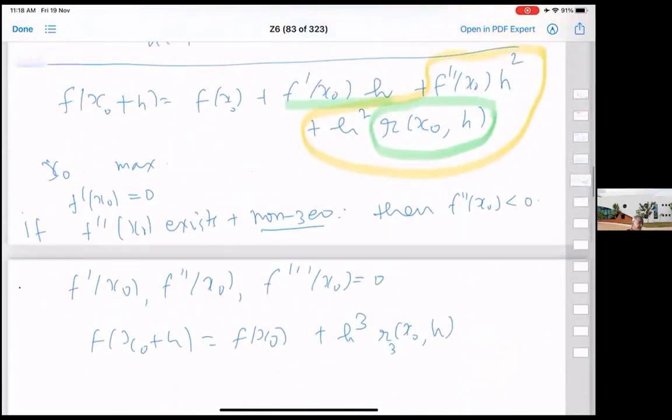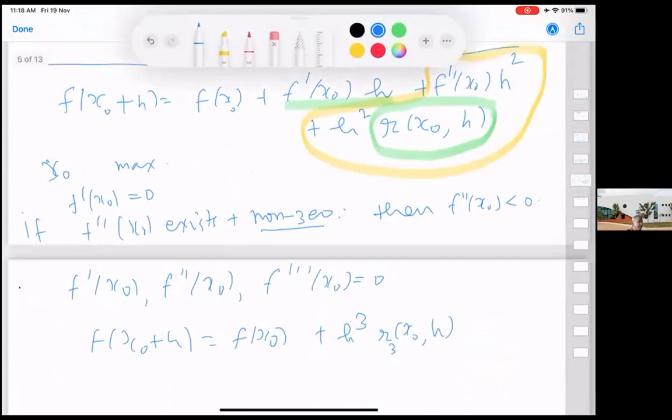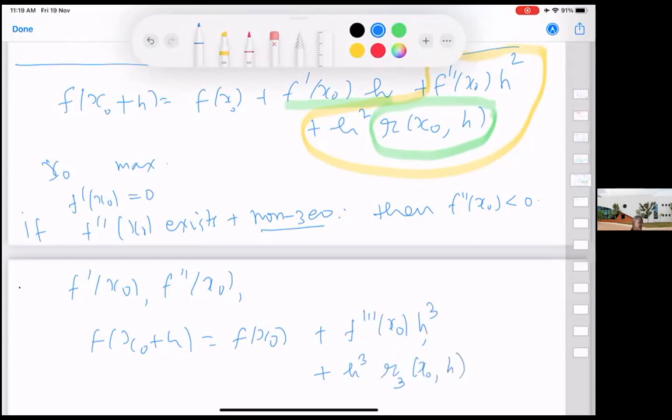I should have actually taken a third case. So if you have the first two derivatives zero, and suppose the third derivative is not zero, it exists but is not zero.